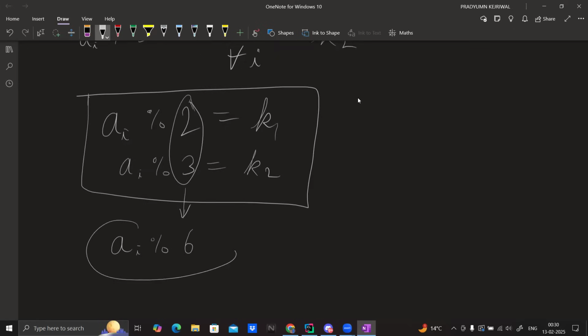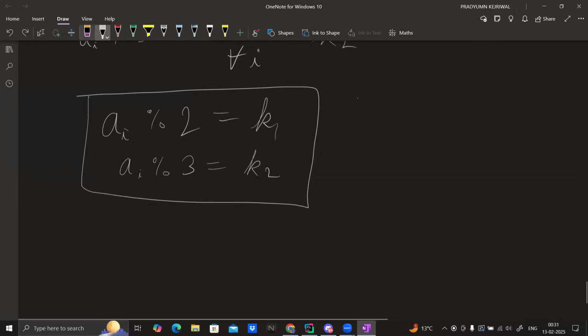AI mod 6 can be determined from these k1, k2 values. That is what the Chinese remainder theorem says. For example, let's say we have AI mod 2 equal to 1, and AI mod 3 equal to 2.